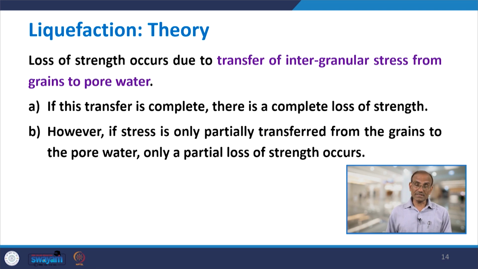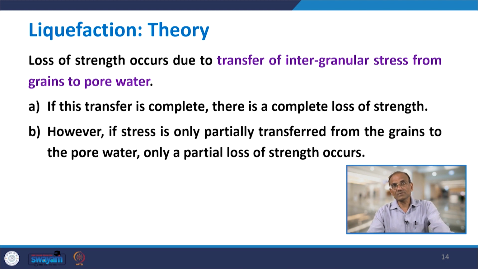And this loss of strength, mathematically what we have discussed, physically what happens? The loss of strength in the soil will occur due to transfer of intergranular stress from grains to pore water. If this transfer is complete, then there will be a complete loss of strength.